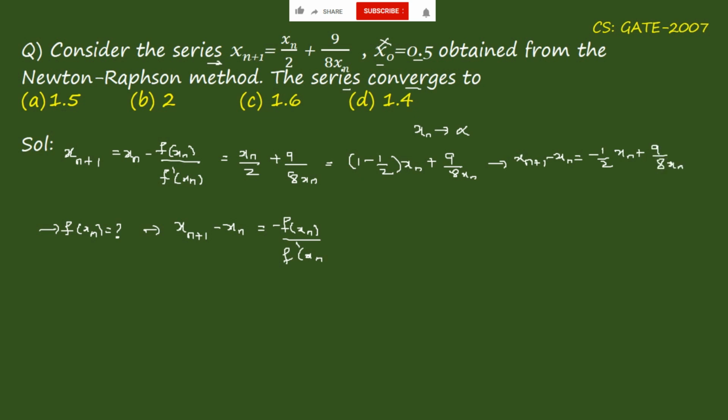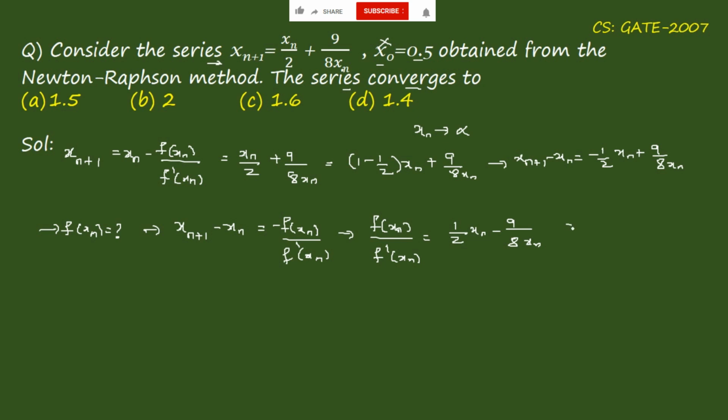Right? Now this value is equal to nothing but minus f of x by f dash of x, right? So it becomes f of x of n by f dash of x of n is equal to nothing but 1 by 2 x of n minus 9 by 8 x of n.